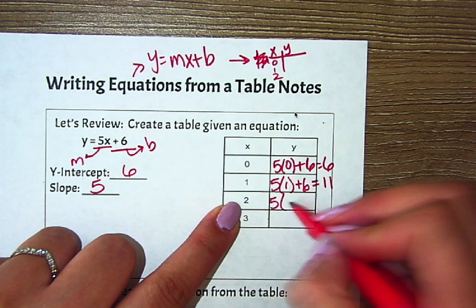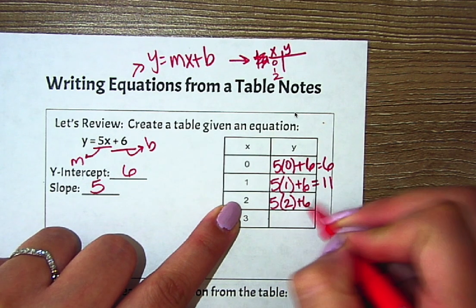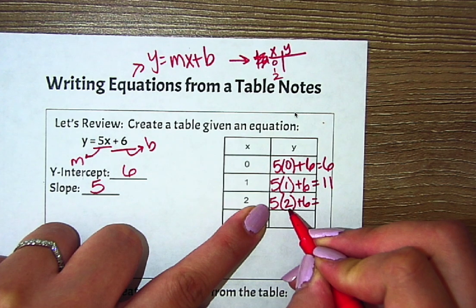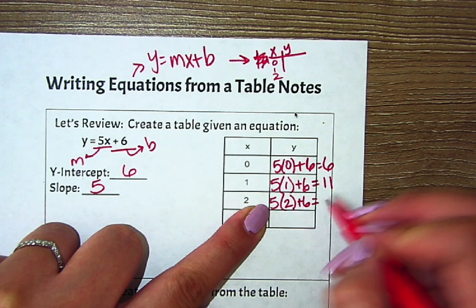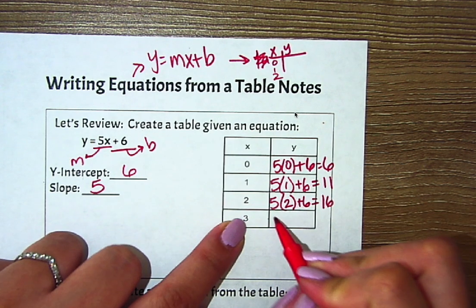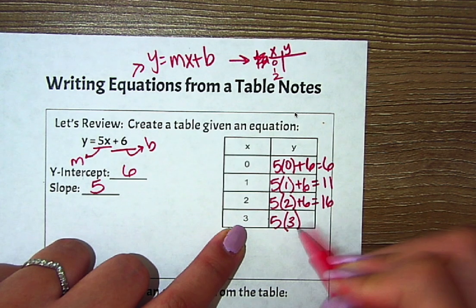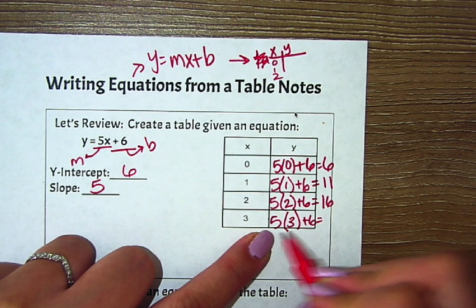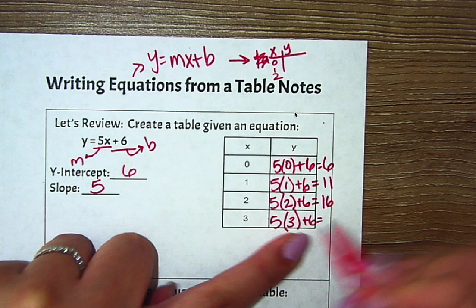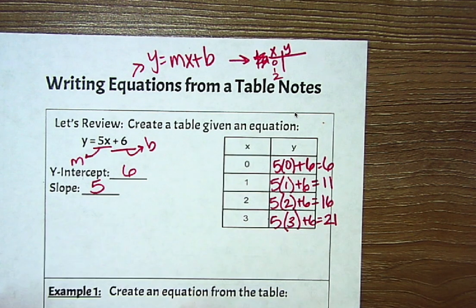Plugging in that 2. Plus 6. 5 times 2 is 10. 10 plus 6 is 16. The next one, I'm plugging in my x, which is 3. 5 times 3 is 15. Plus 6 is 21.